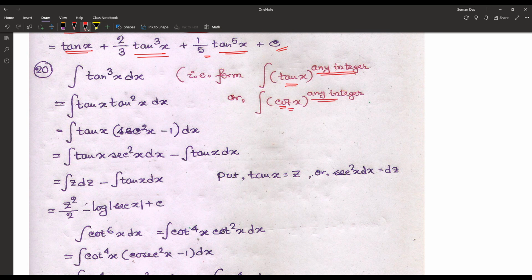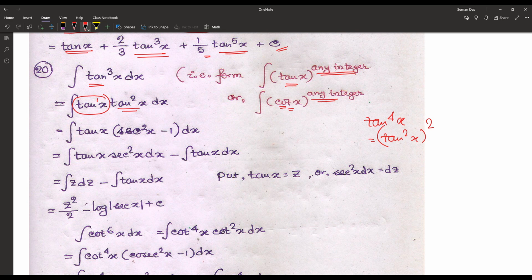Let the problem be tan cube x. Here we are writing one part as only power 1 and the other part as the even part. Suppose that was tan to the power 4x, so that can be written as tan square x whole square.